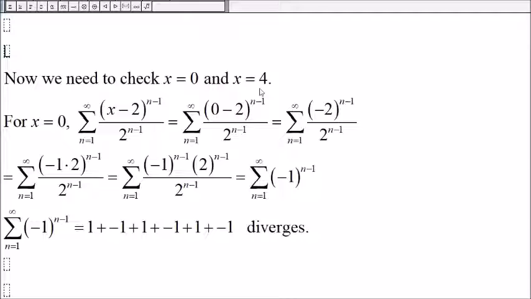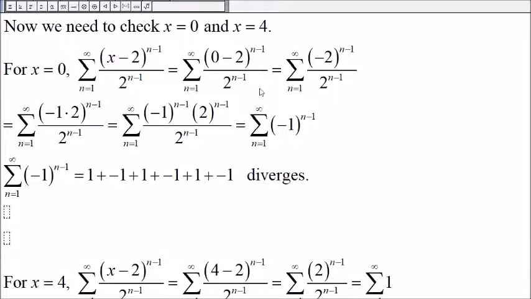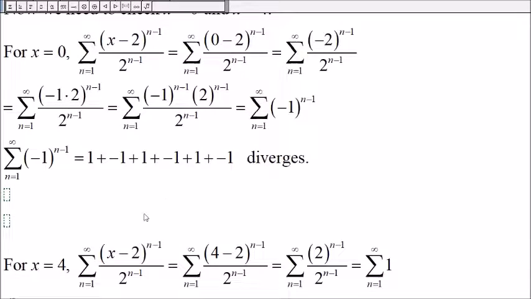And now we need to check 4. So when x is 4, and this is the power series right here, in the place of x, we put 4. 4 minus 2 is 2.